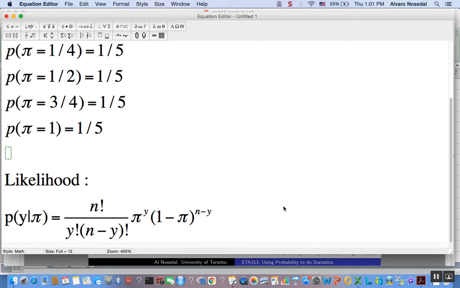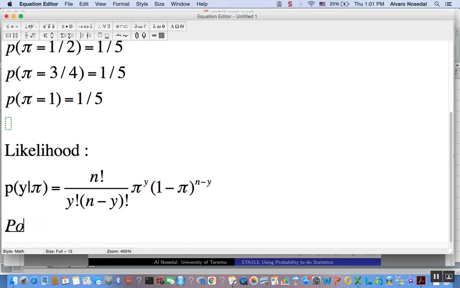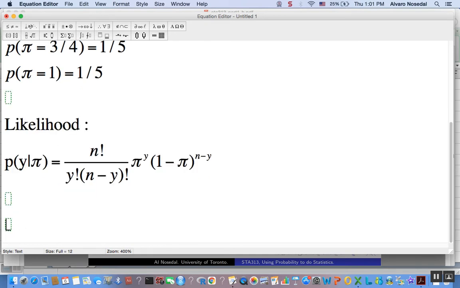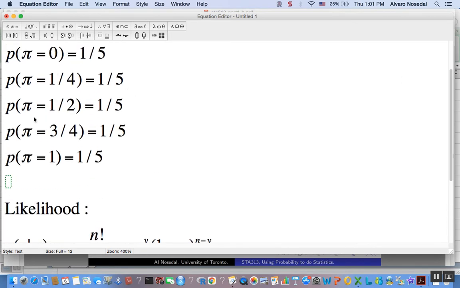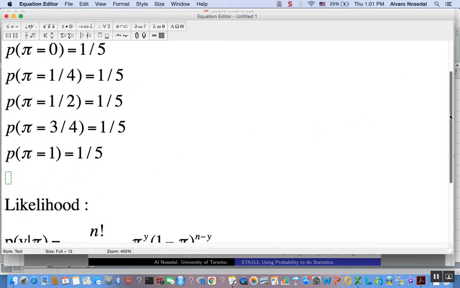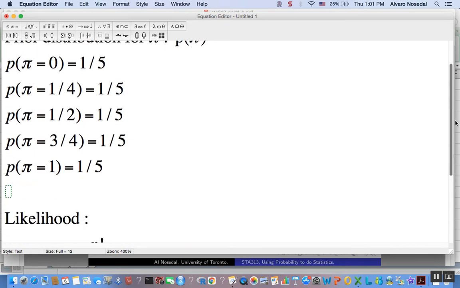Okay. And our posterior distribution is going to reflect the information coming from a sample, empirical evidence, to revise the initial probability assignment that we had for each of the possible values of the parameter of interest.